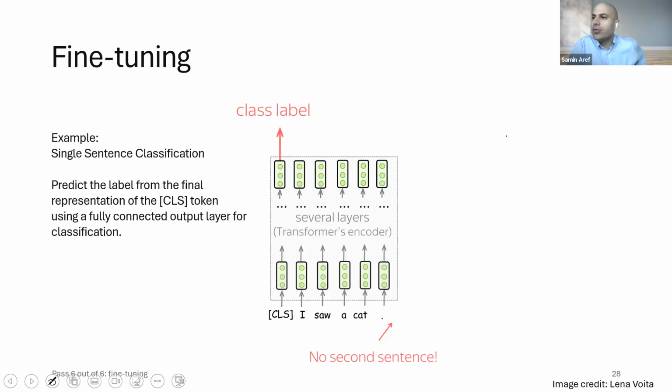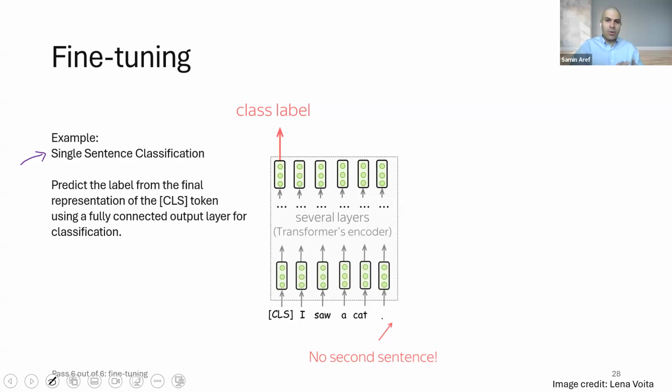All right, so we covered the pre-training. Now for the fine-tuning, the developers of BERT used the pre-trained BERT for different language tasks. One of the tasks that they used BERT for was single sentence classification. So let's say that here we have the BERT model that is already pre-trained.